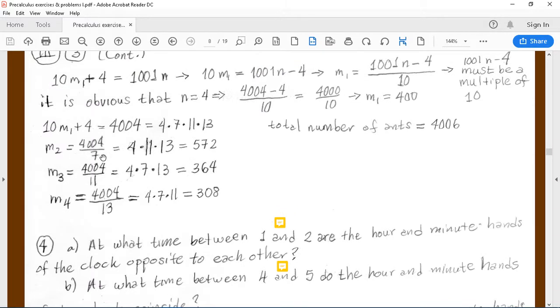So if we divide by 7 here, we are left with 4 times 11 times 13, which is 572.